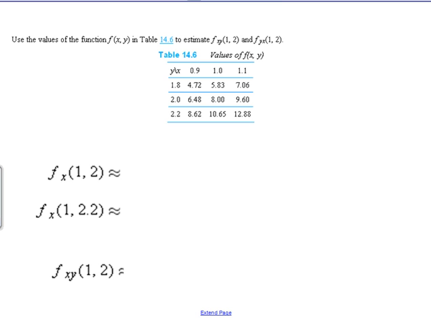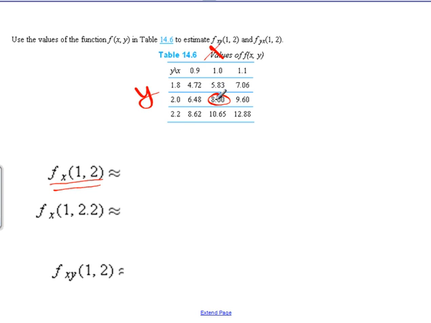All right, let's look at sort of a raw crunching way of figuring out a second order partial derivative. So we've got here a table of x values and y values. And first we want to find the partial of x at the point 1, 2. So at the point 1, 2, we're right here.